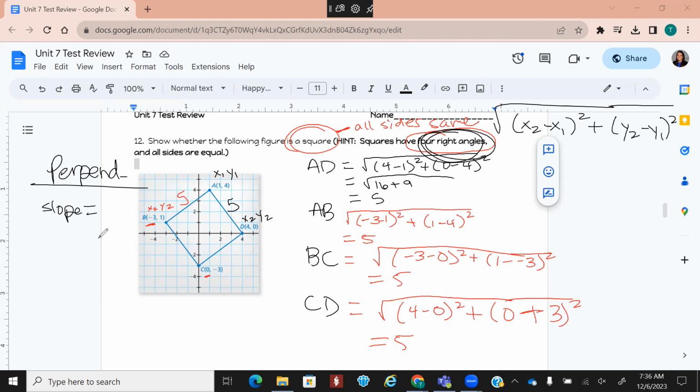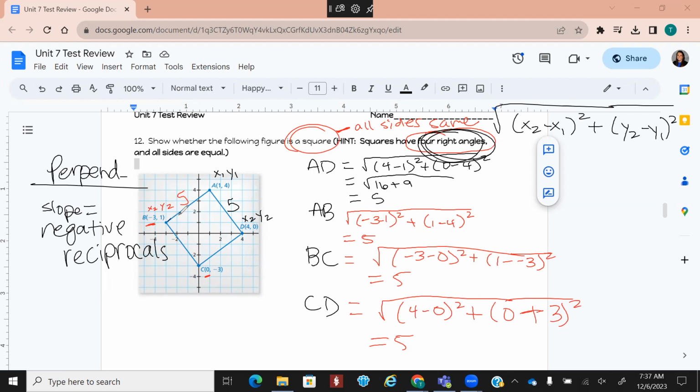Not congruent. Parallel means that they have the same slope. Perpendicular means negative reciprocals of each other. Remember, reciprocal means to flip. I totally spelled that wrong. Reciprocal. We're going with it. Okay.